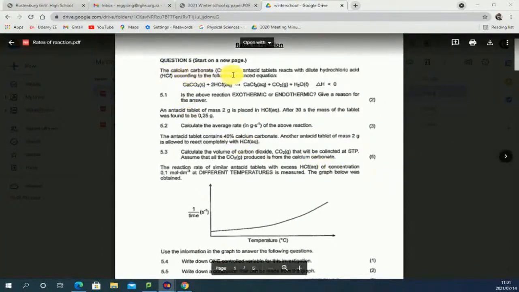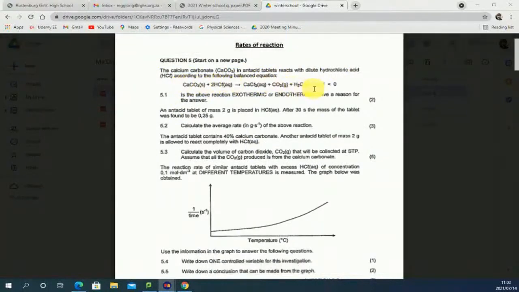The calcium carbonate in antacid tablets reacts with dilute hydrochloric acid according to the following equation. When I look at this, it reminds me that this is the reaction of an acid plus a carbonate. There are 4 reactions that we need to know, and it comes up from grade 9, acids and bases.